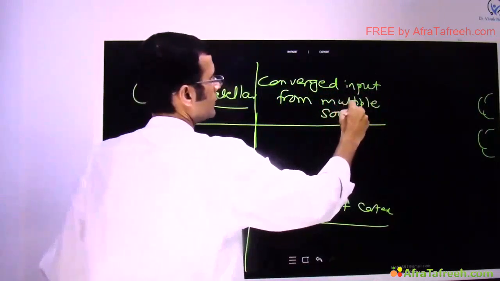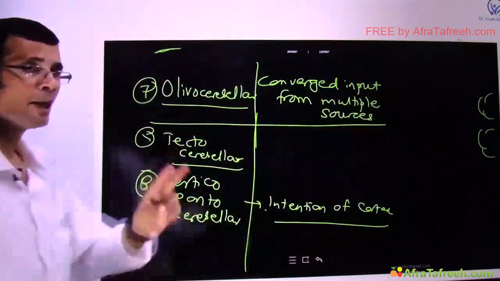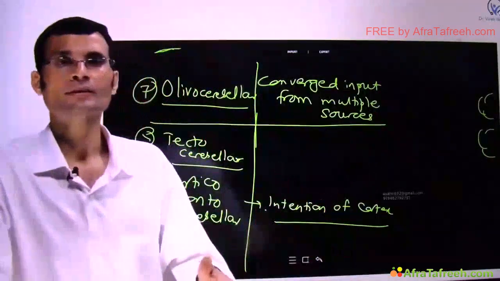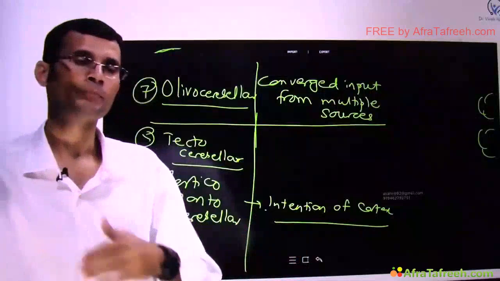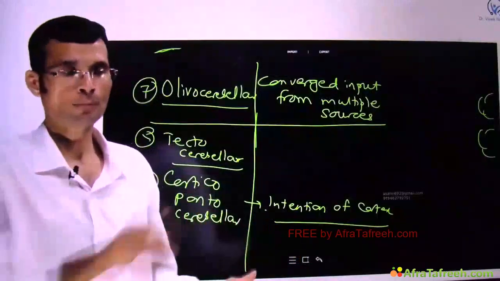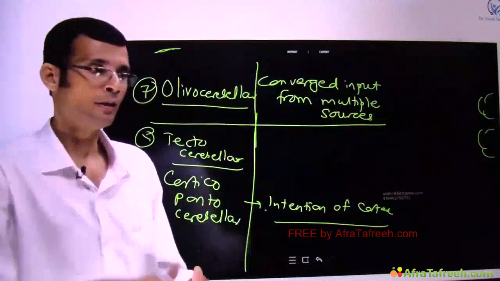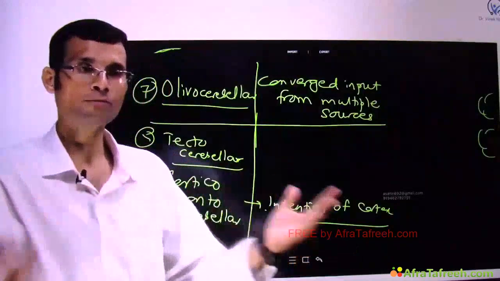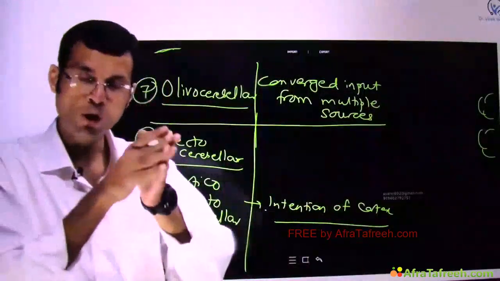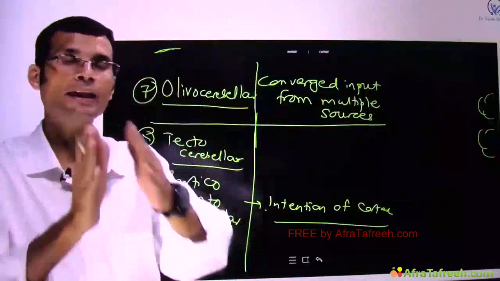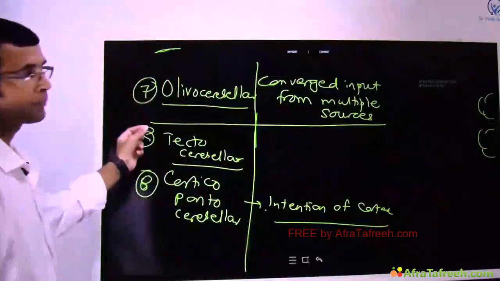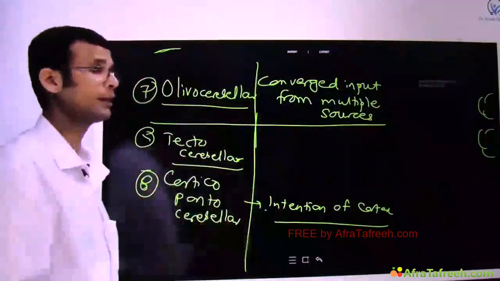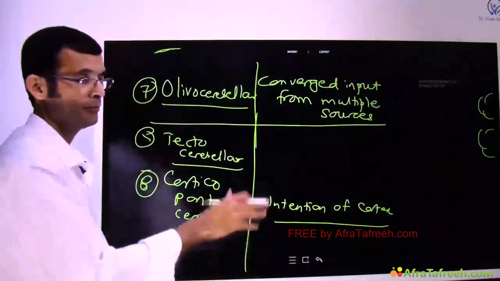Try to understand that the cerebellum is receiving double inputs. One is that individual sources are sending fibers directly to the cerebellum. Or multiple of those sources send one more set of fibers, which will first converge on the olive, and then a single bundle will enter as the olivocerebellar tract. So it's a converged input from multiple sources, and remember, therefore the cerebellum is receiving double inputs from each source.